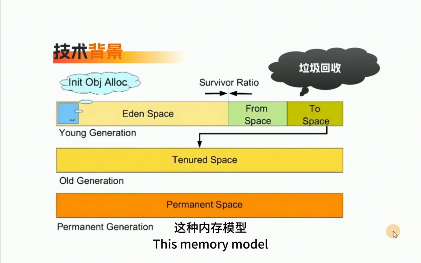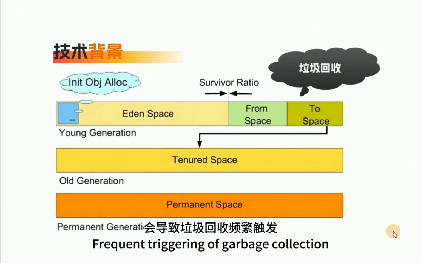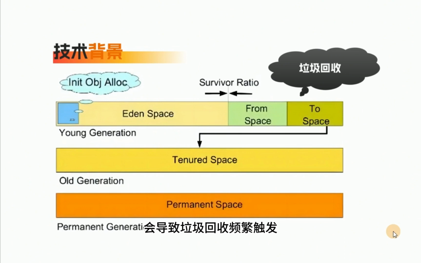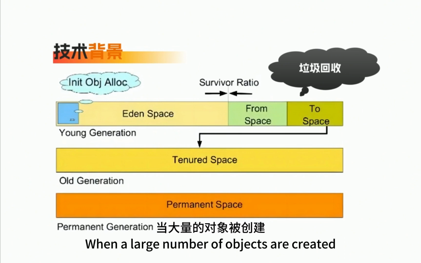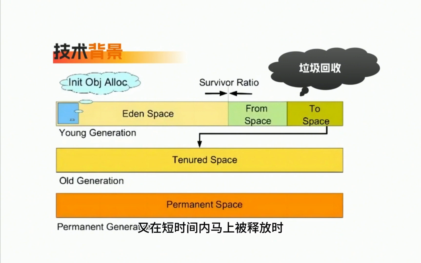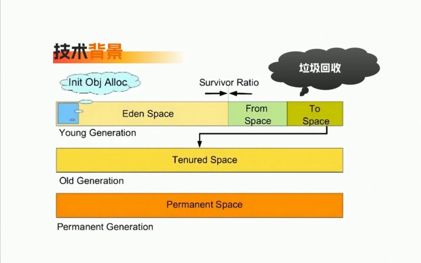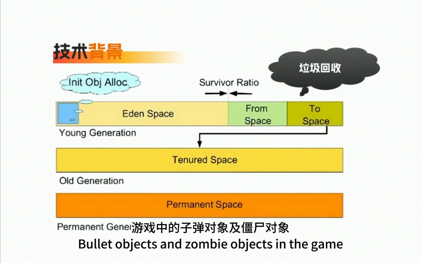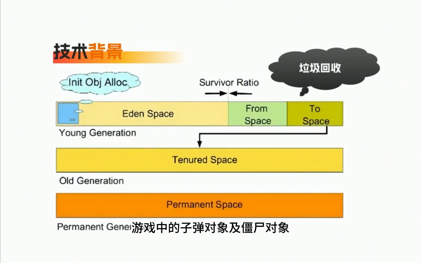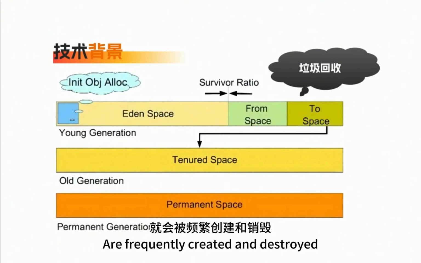This memory model, in some cases, can lead to frequent triggering of garbage collection. This happens when a large number of objects are created and released immediately within a short period of time. For example, bullet objects and zombie objects in the game are frequently created and destroyed.